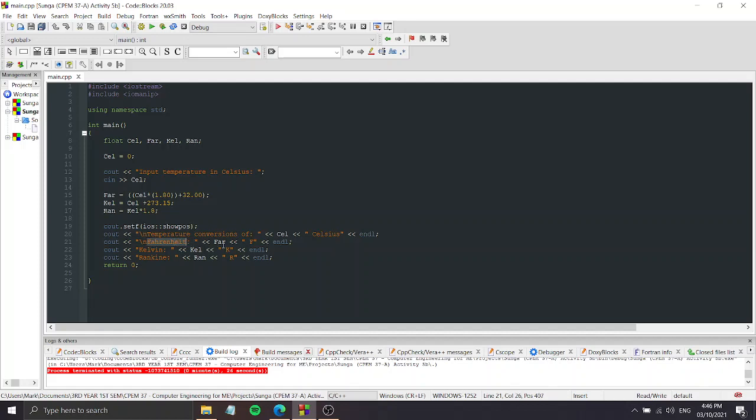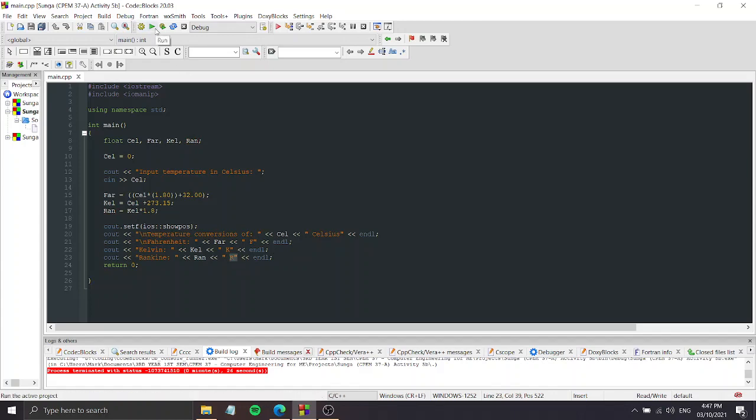So we have Fahrenheit, the calculated Fahrenheit value, and F for unit purposes. Next line would be Kelvin, and endl would initiate the next line. Kelvin, the calculated value of kel, will be printed out as well, and the unit. And lastly, print out the calculated value for ran and its unit.